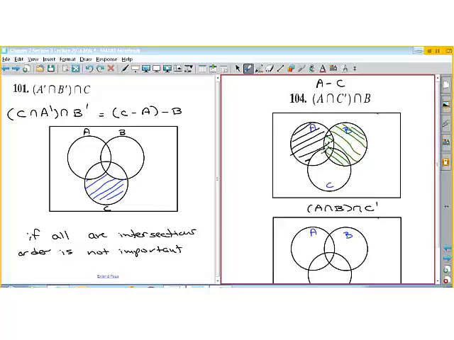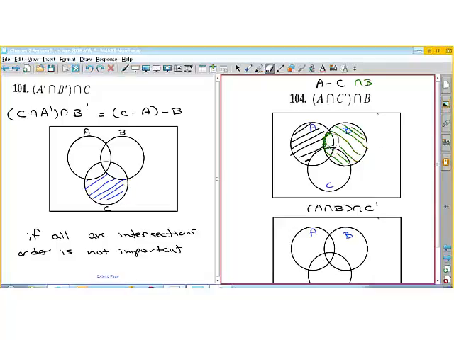What area has both green lines and black lines? It's this little part right here, but not this part. This has green, this has black. So it's this little shield area. That is A minus C intersect B.